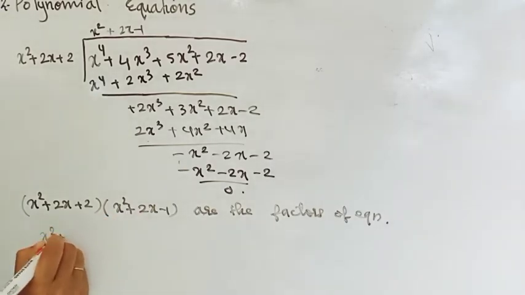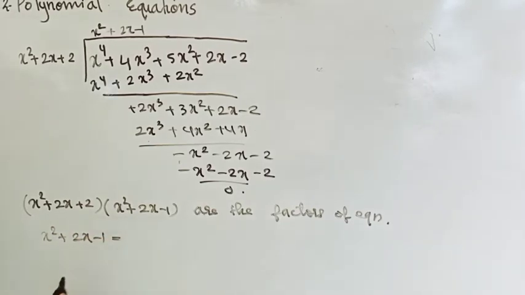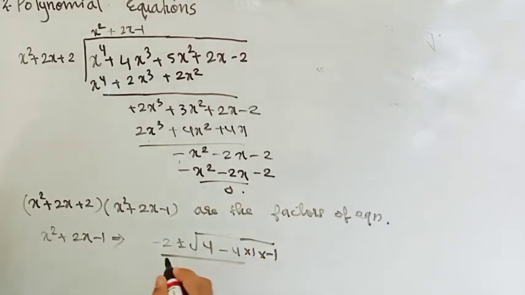Now let us solve the other equation, that is x square plus 2x minus 1. It can be solved using the quadratic formula, x equals minus b plus or minus root of b square minus 4ac, divided by 2a. So minus 2 plus or minus root of 2 square, 4, minus 4 into 1 into minus 1, divided by 2 into 1.